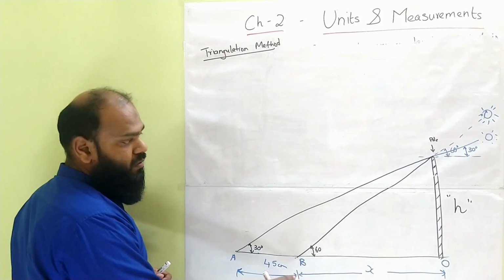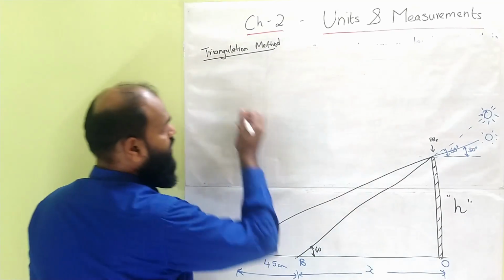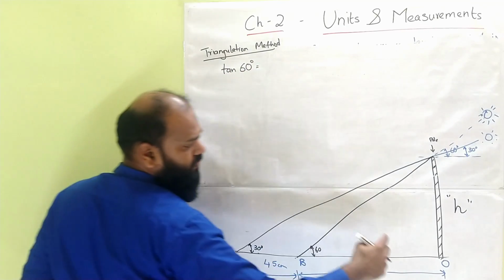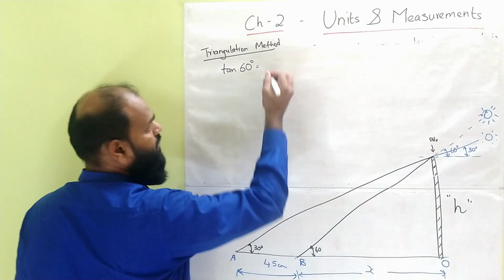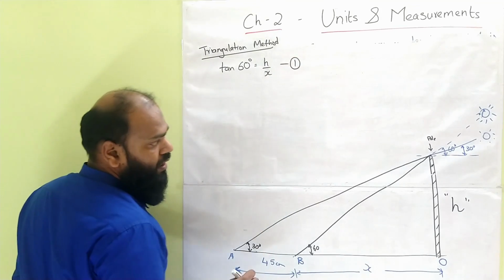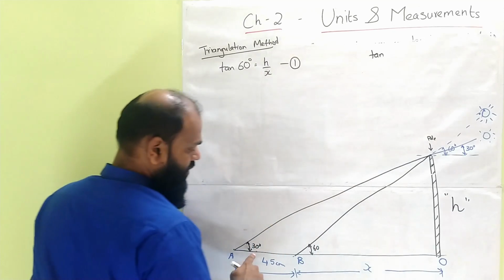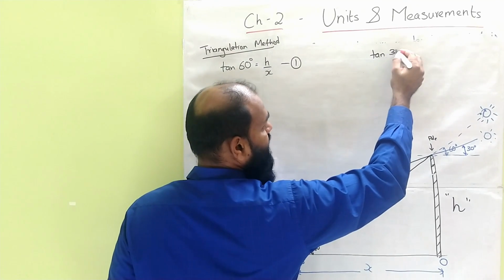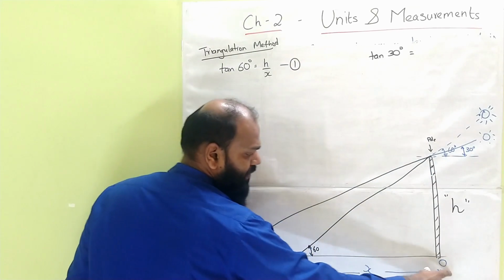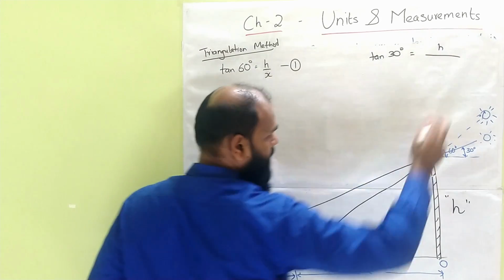From the diagram, we know that tan 60 degrees equals h by x. Let this be equation 1. Next, tan 30 degrees equals h by this whole length.